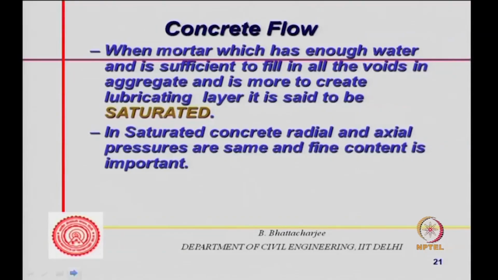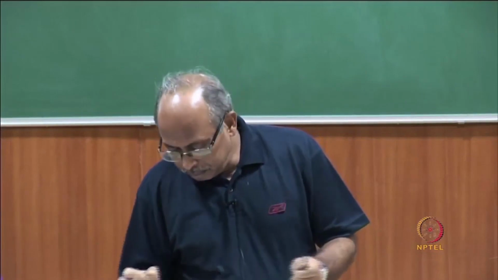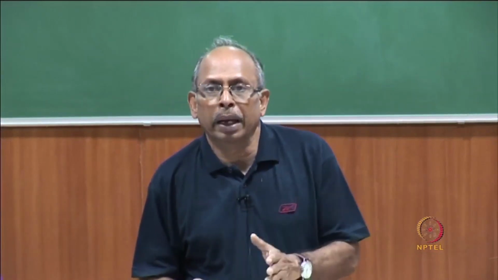In saturated concrete, radial and axial pressure are the same. That means pressure in this direction and in this direction is the same. There is uniform pressure in both the transverse radial as well as the horizontal or axial direction.